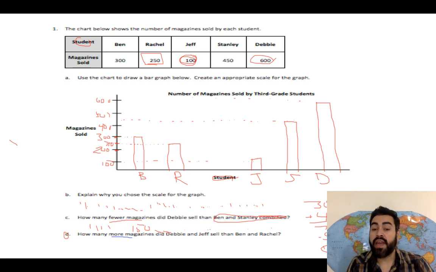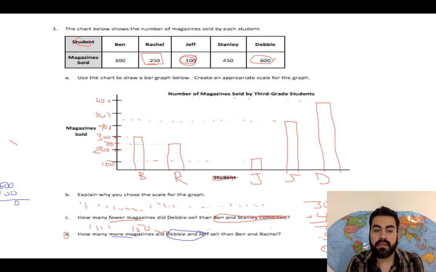How many more magazines did Debbie and Jeff, so I'm combining Debbie and Jeff, sell than Ben and Rachel? Okay, so I'm going to add Debbie and Jeff, I'm going to add Ben and Rachel, then I'm going to subtract to see how many more magazines. Debbie is 600. Jeff is 100.